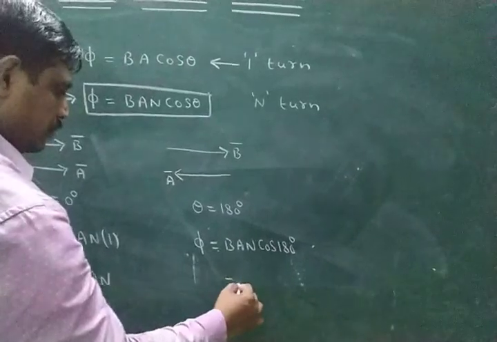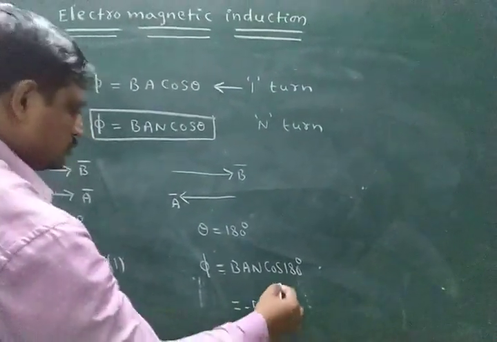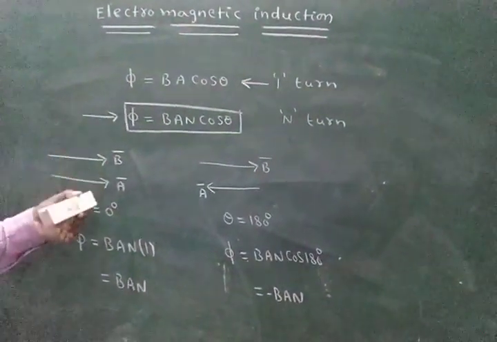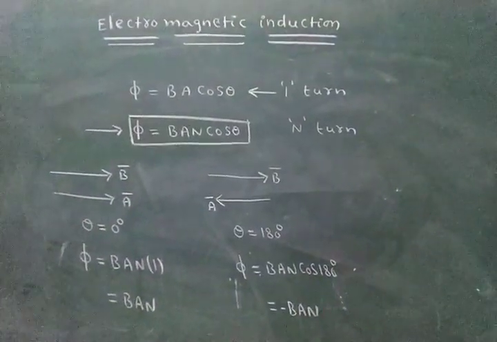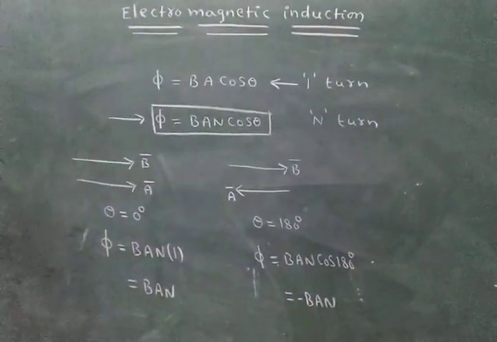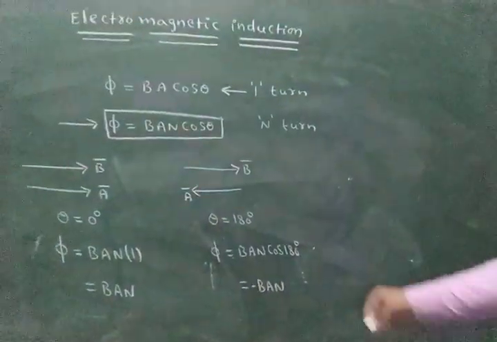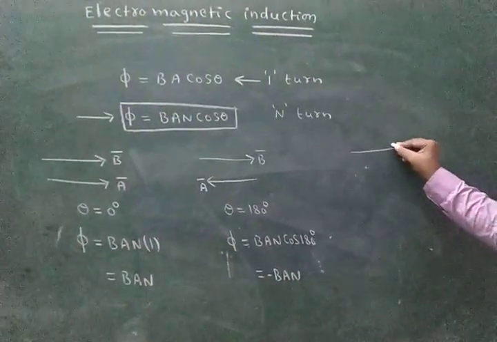Cos 180 is minus 1. Write neatly: flux is minus BAN. When flux is positive, B and A are in the same direction. When flux is negative, B and A are in opposite directions.